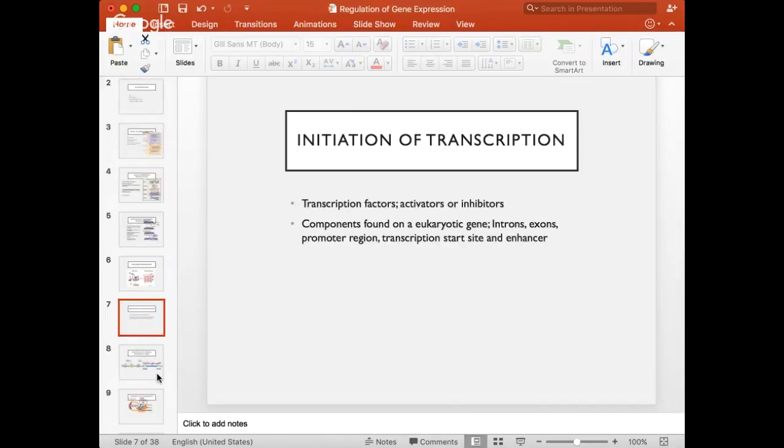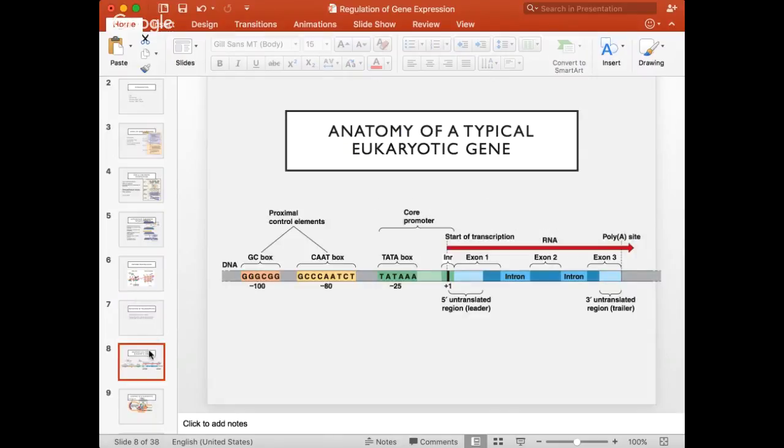When it's inactive, you cannot find the promoter region. And then right here you have the HAT, which helps to decondense this structure, and the HDAC, which is the enzyme responsible for deacetylation.